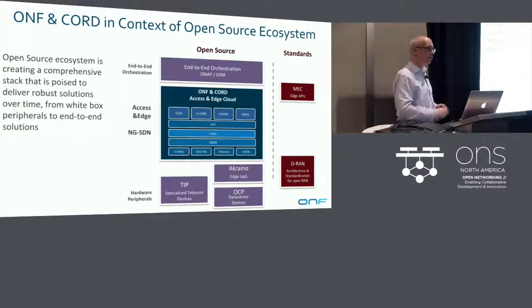OCP is more on server, storage and the PON side, and TIP is doing more on the optical side and the RAN side. And then there are a set of projects in there too, Aether, Kubernetes and other platform software components that we also rely on. OpenStack is in there too, although we're not using OpenStack as much, and you can get a whole version of the code that doesn't even require OpenStack now. But all of that feeds all the ONF activities as well.